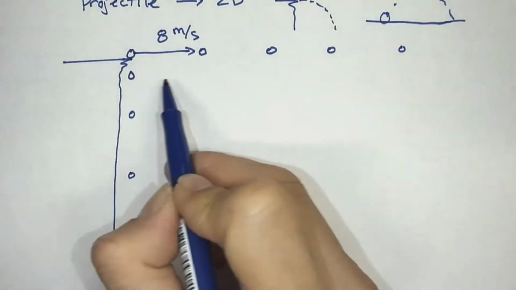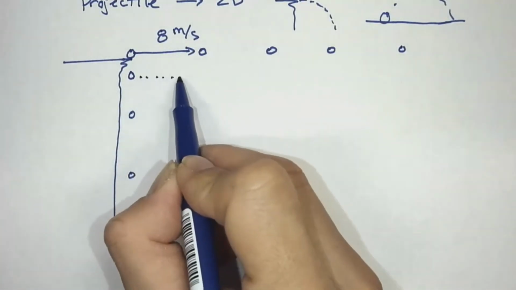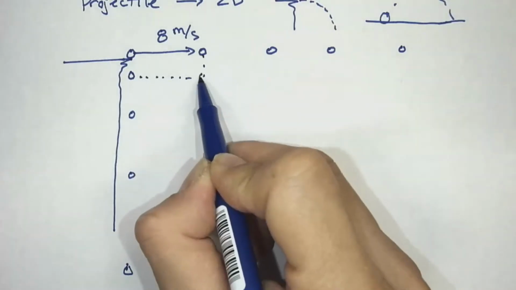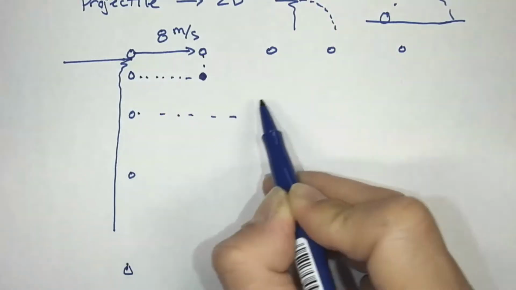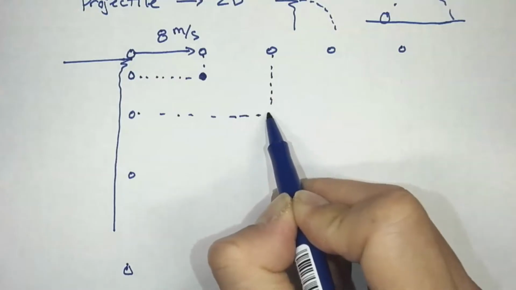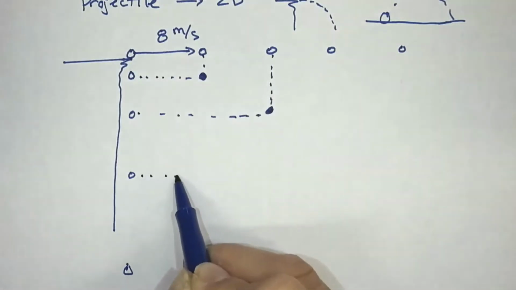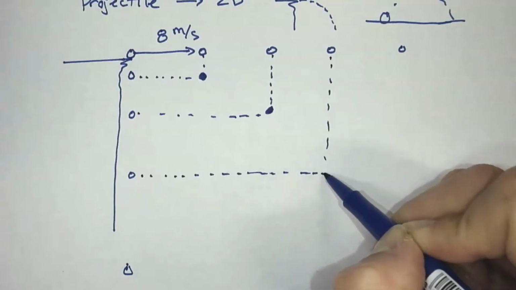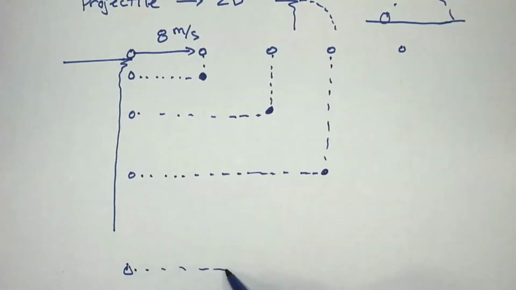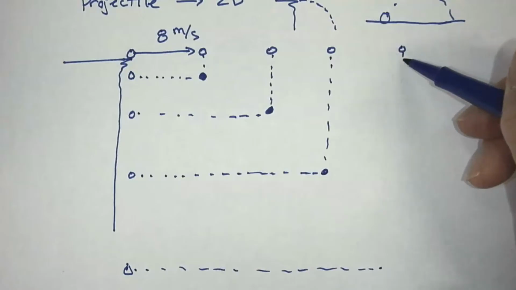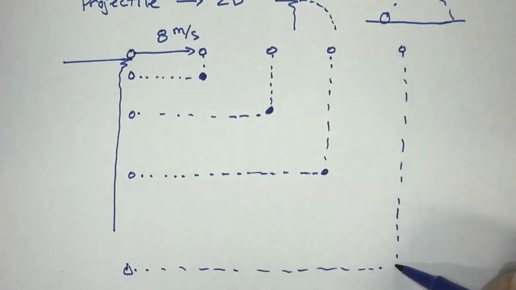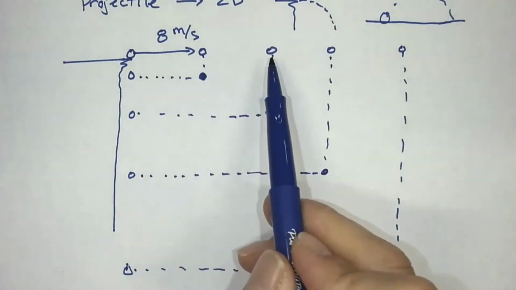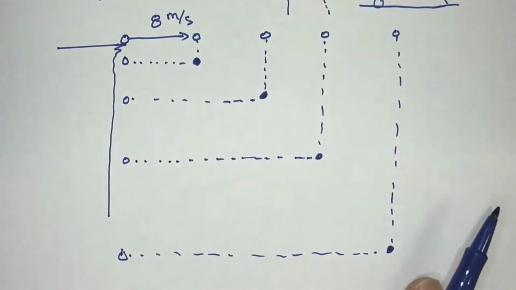Now, if you connect these 2 points, here's one right there, connect these 2 points, what you're going to get is the trajectory of this projectile. In other words, you're going to get the path of this projectile. And one more over here. Each of these circles represents 1 second intervals.